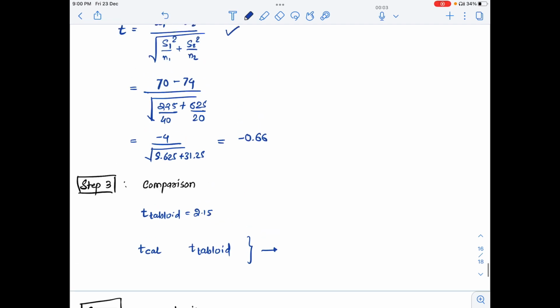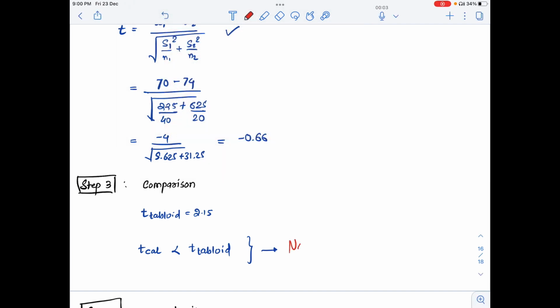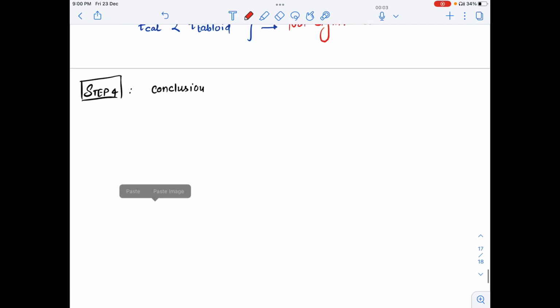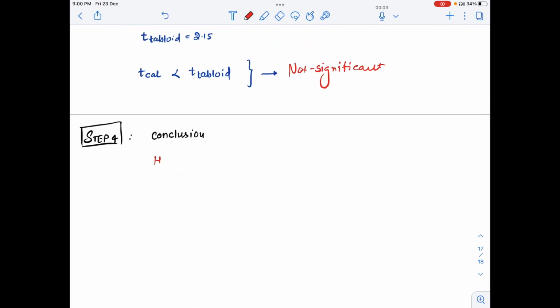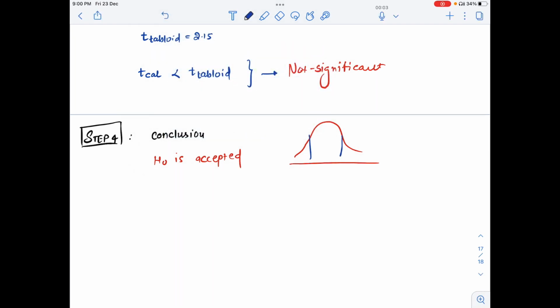Now this calculated value is less than the tabulated value, as you can see, so it is not significant. So the conclusion is H0 is accepted, and you can also draw a table. The value will be somewhere around here, 0.66.